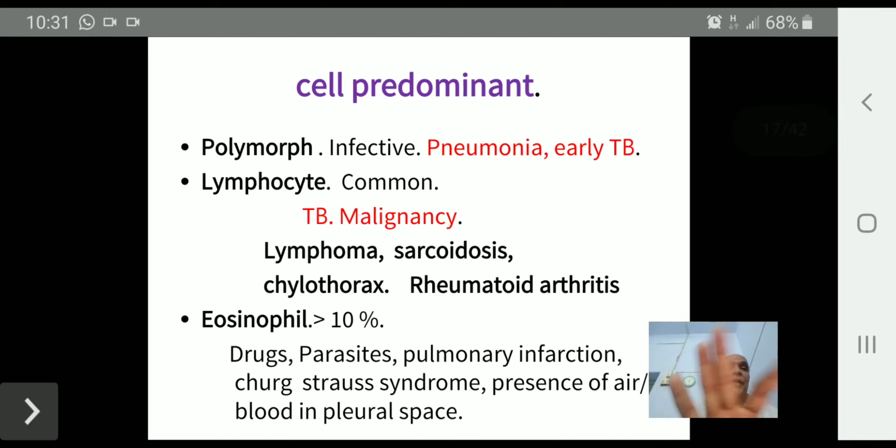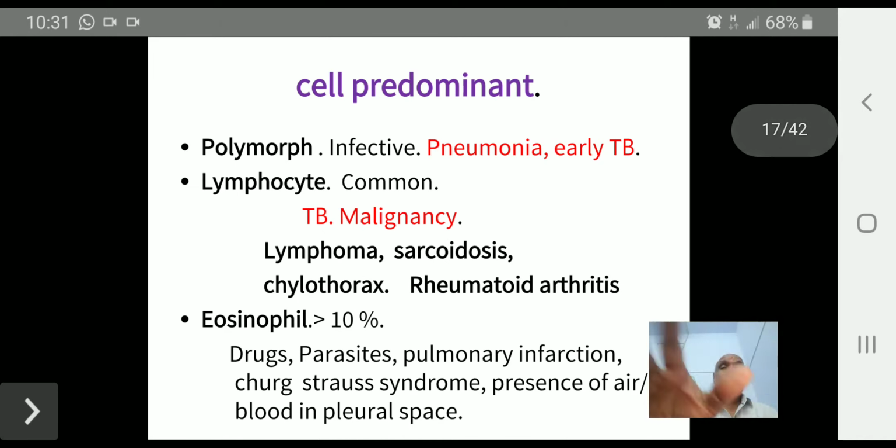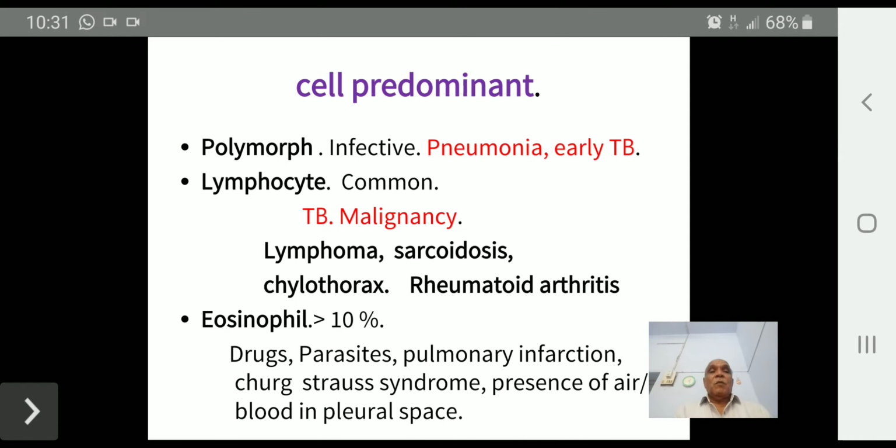In the diagnostic purpose, we should know the etiology of the fluid formation. In the therapeutic purpose, when the patient has severe shortness of breath, we should relieve the shortness of breath after pleural tapping.